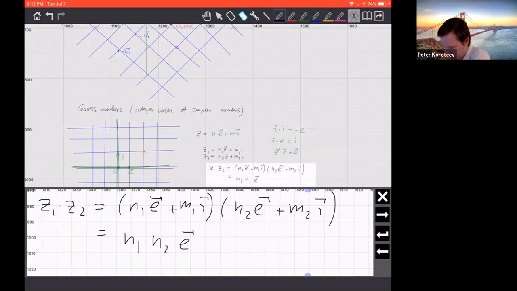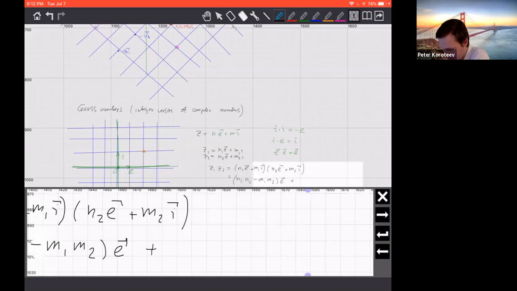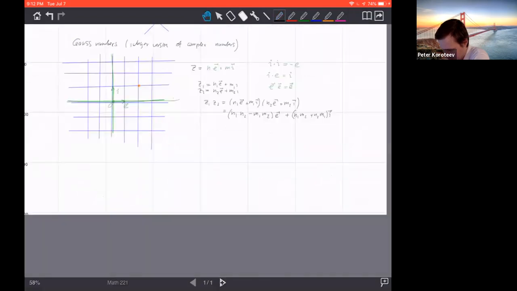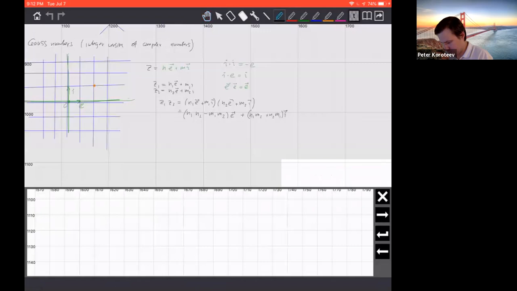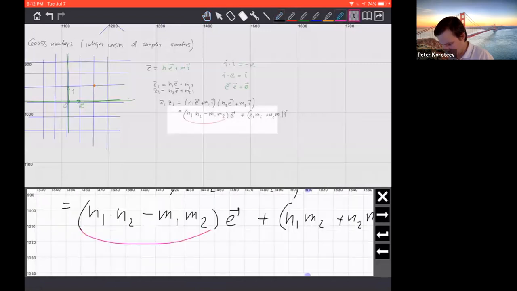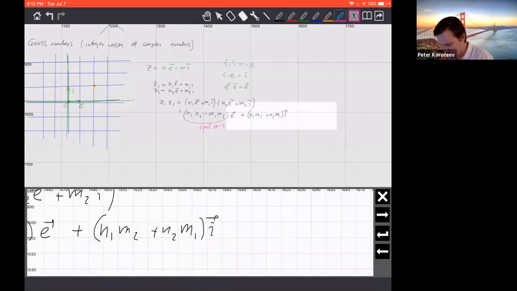So we get minus M1, M2, everything times E. And there will be the cross products, N1, M2 plus N2, M1 times I. This is the real part, and this is the so-called imaginary part.